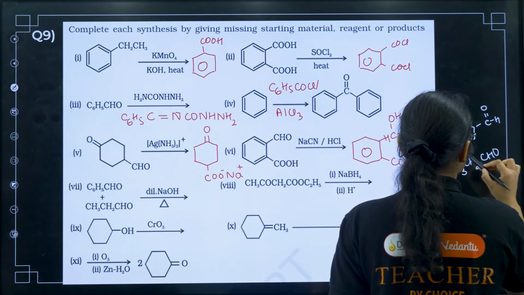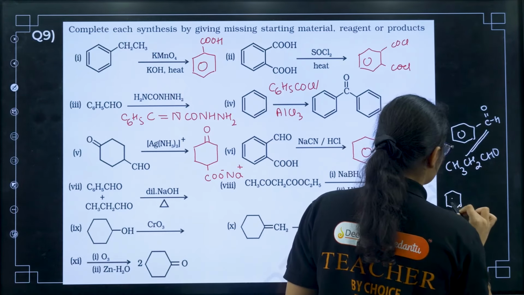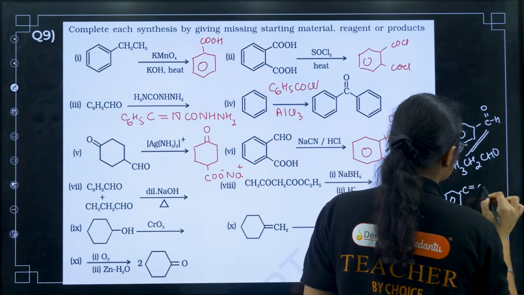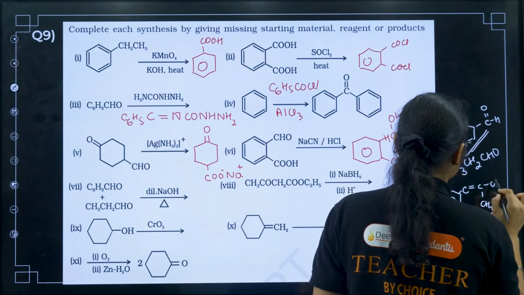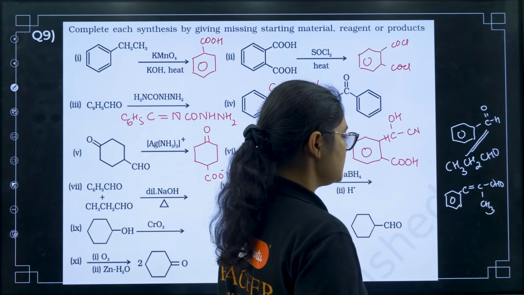Now this will form a bond here, so I will get benzene, C double bond C, then I have CH3 and CHO. Okay, clear?